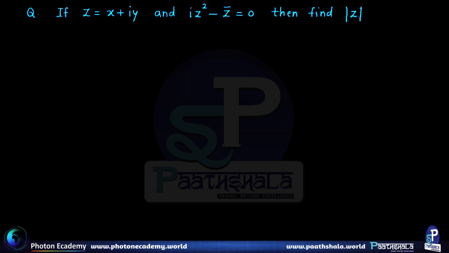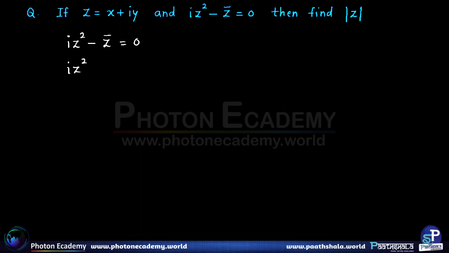So let us start off with the given condition that iz square minus z bar is equal to 0, which means we have iz square is equal to z bar. Now since we have to find the modulus, that means somewhere we must bring in the operation of taking modulus. So let's take the modulus of both sides and let's see what happens.